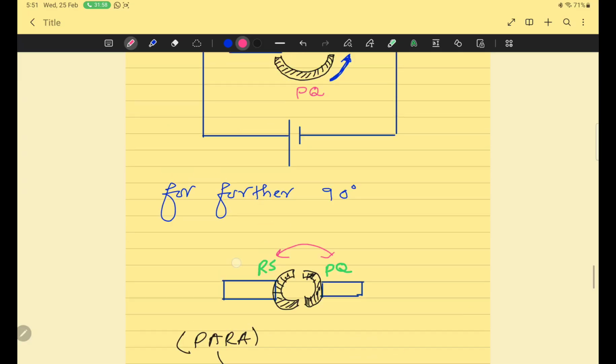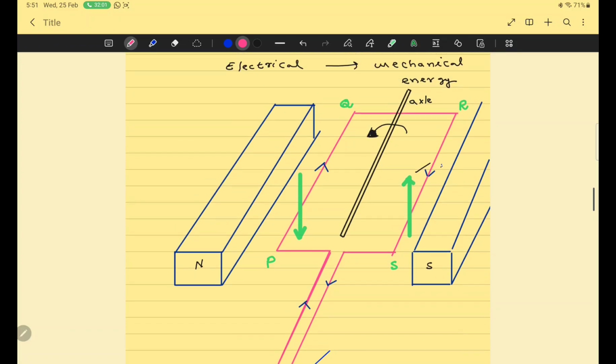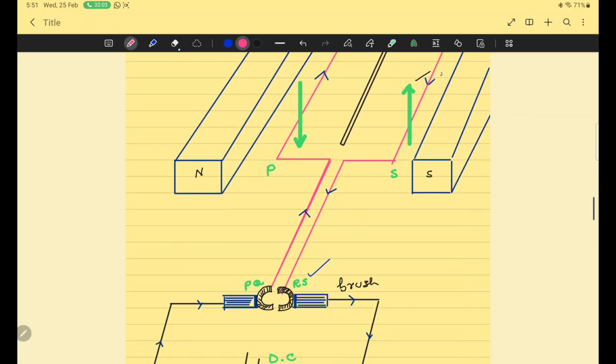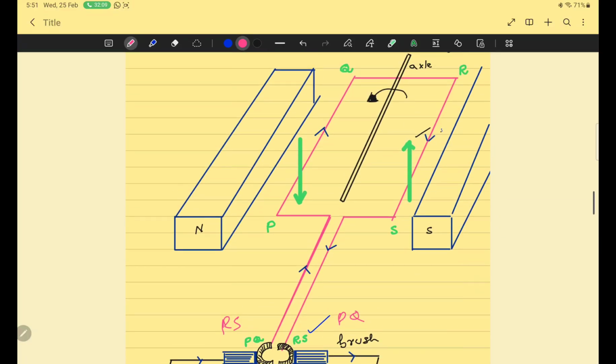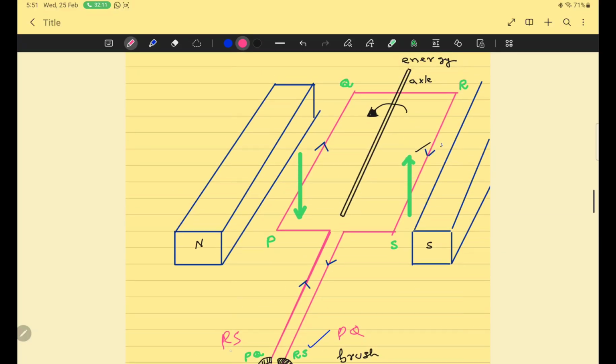When their positions are interchanged, RS is here and PQ is here. Sir, initially this was the direction of current in RS.